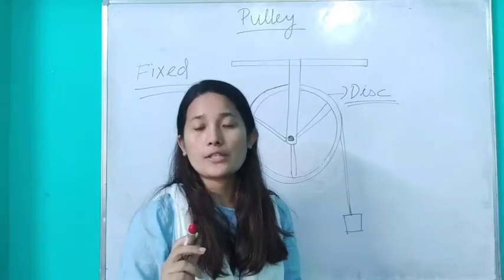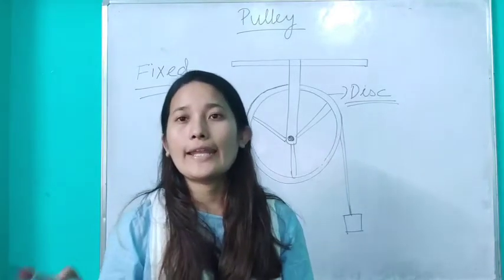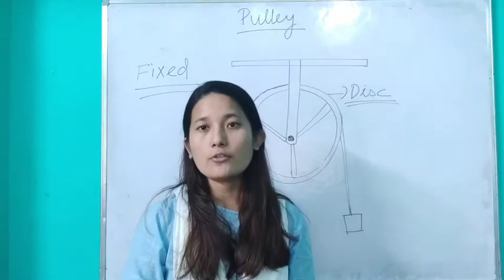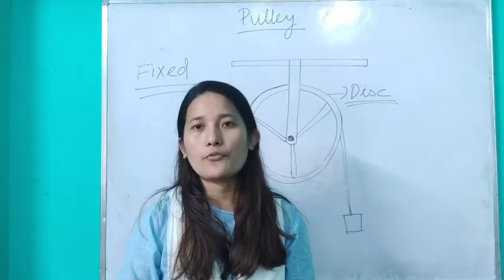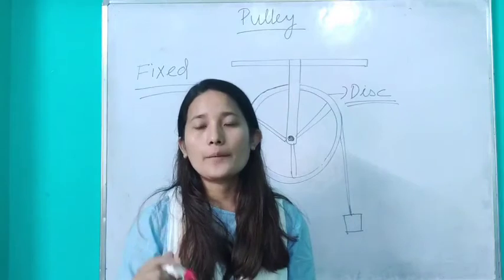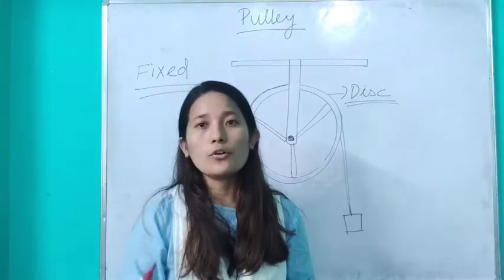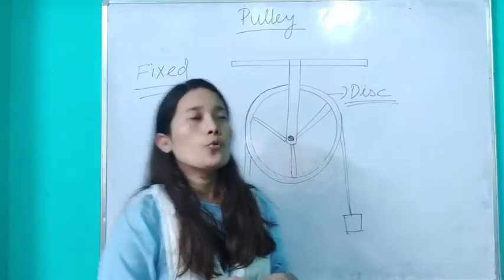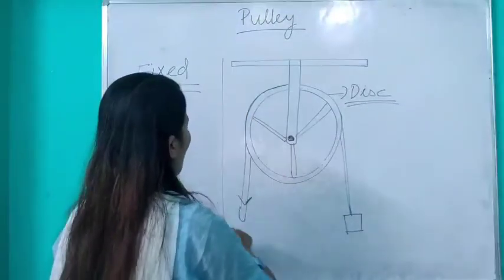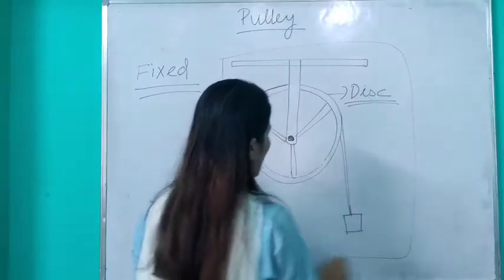If you have been around an area where construction is being carried out, where buildings are being made, laborers, in order to make their work easier, lift the load with the help of this fixed pulley system.